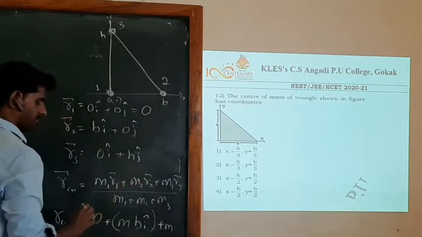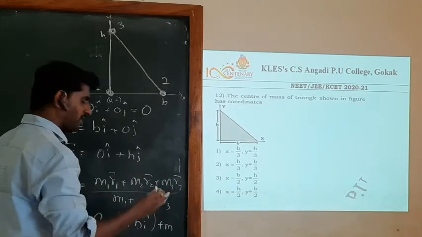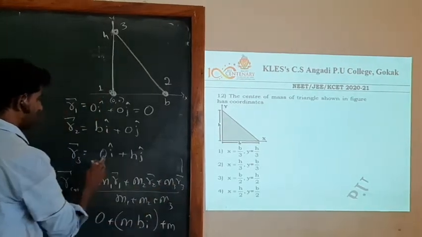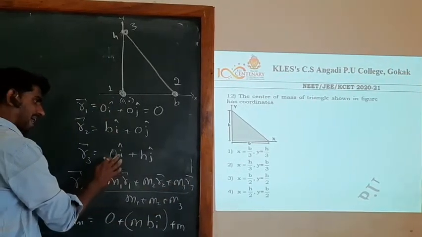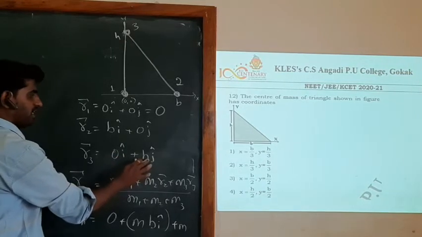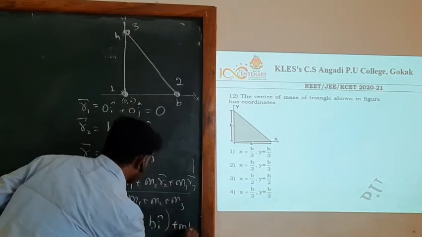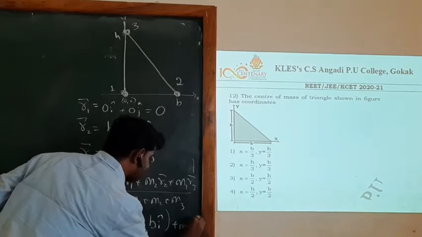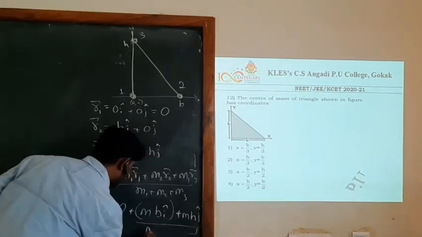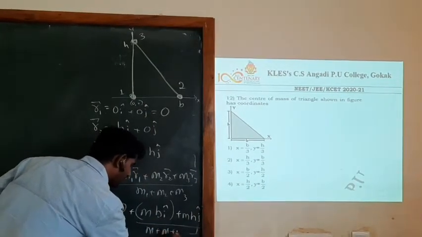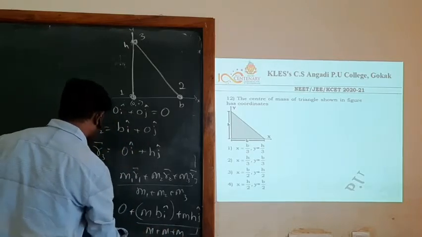The m3 value is m. m1 equals m2 equals m3, all equal to m only. So the r3 value has no x coordinate, so there will be only the y coordinate, j. So m into h j cap, divided by the m1 value m, m2 value m, m3 value m. So this is m plus m plus m, this is 3m.